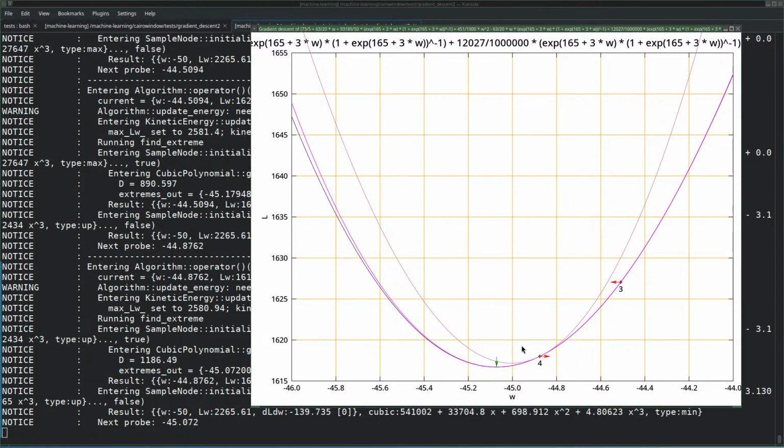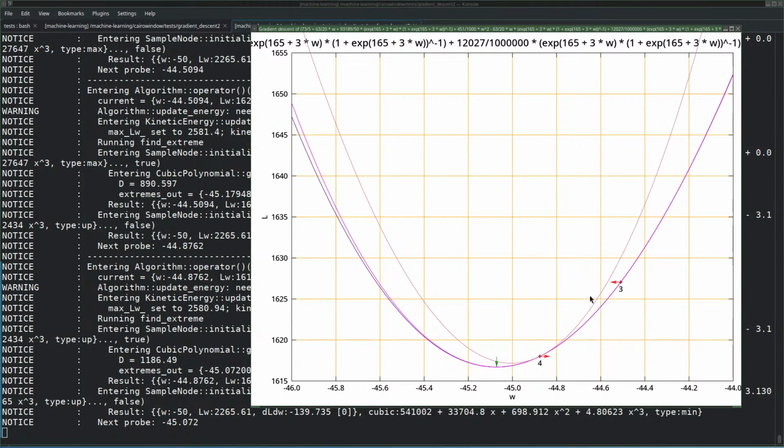So otherwise it would have jumped to this point, but now it jumps to the correct point, way more precise. Victory, but my red arrows are pointing the wrong way.